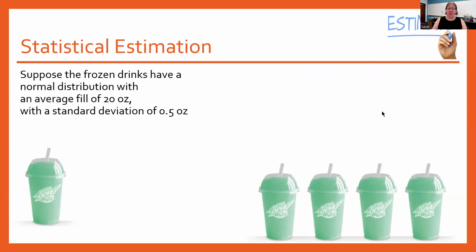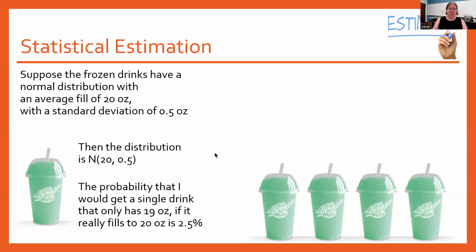All right, so suppose those frozen drinks have a normal distribution with an average fill of 20 ounces and a standard deviation of 0.5 ounces. And suppose one of the ones I got only had 19 ounces in it. I can use that Rossman Chance app to find the probability. So my distribution would be N(20, 0.5).